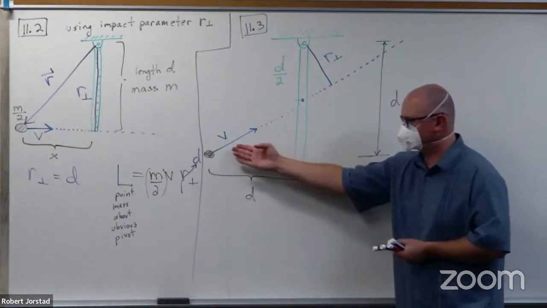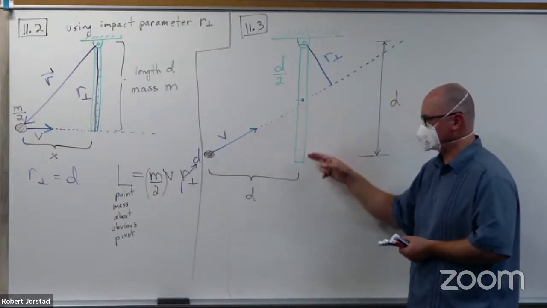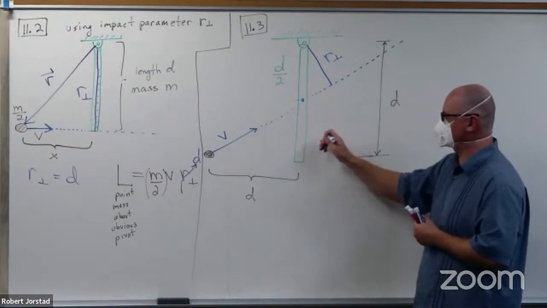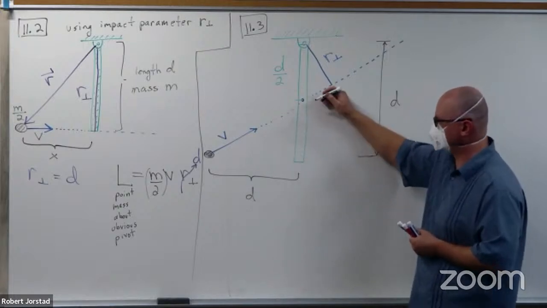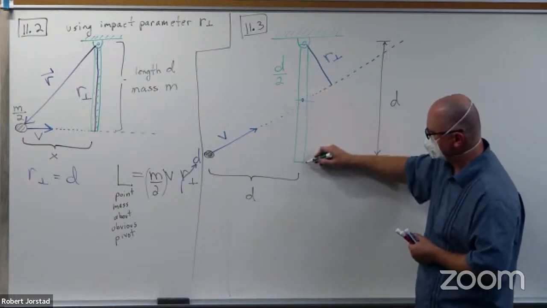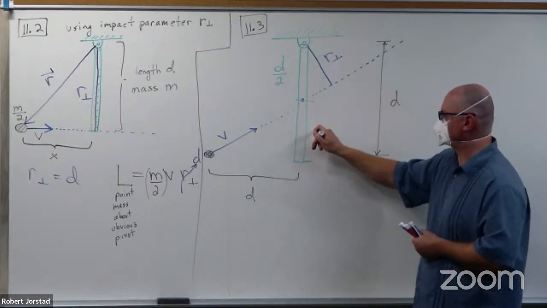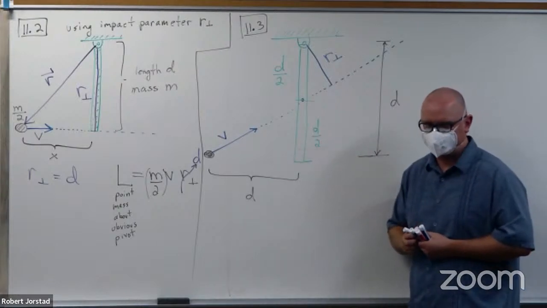Look at this triangle down here. Do you see any dimensions in that triangle? What's the bottom part? Not D, it's just half of it. From here to the bottom is not the full D. It's D over 2.